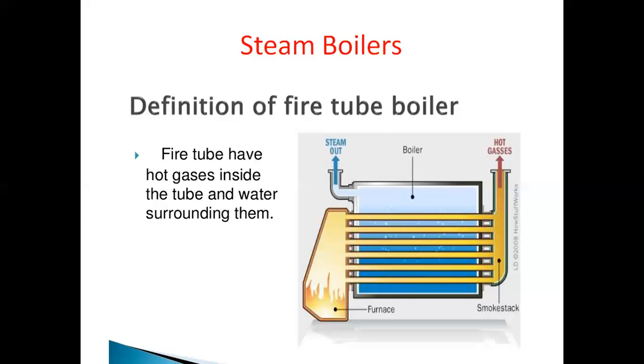Then location of the furnace. If the furnace is located inside the boiler, as part of the boiler, it is an internally fired boiler. If the furnace is outside the boiler, it is an externally fired boiler. Based on the axis of the shell, if the axis is vertical, it is a vertical boiler; if horizontal, a horizontal boiler; if inclined, an inclined boiler.